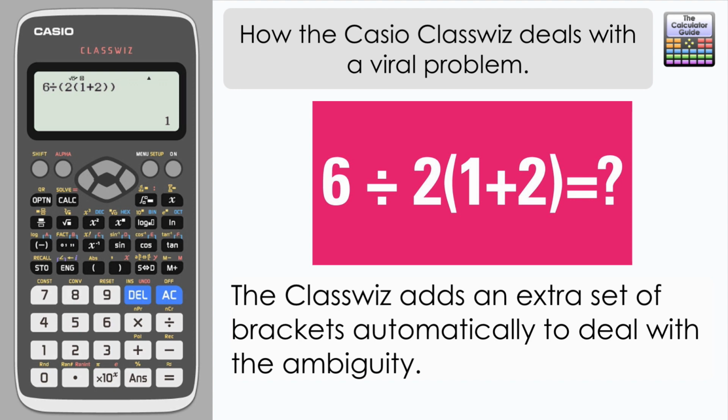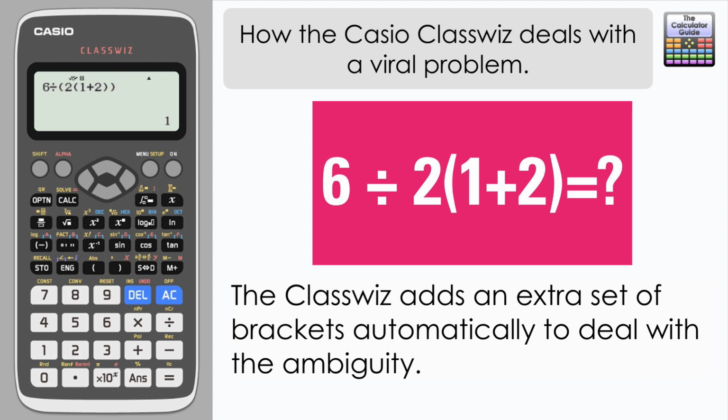This is to try and eliminate the ambiguity around which these particular problems are created. Because the Classwiz wants to give you a definitive answer, it is interpreting this input as 6 divided by, and then calculating everything within the brackets. So 2 times 1 plus 2, that's 2 times 3, so it's 6 divided by 6, which is 1, which is why we've got the result of 1.